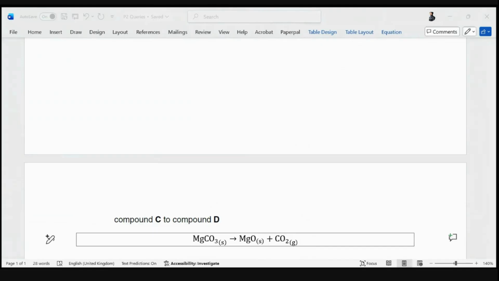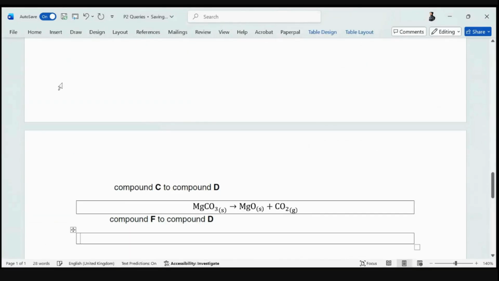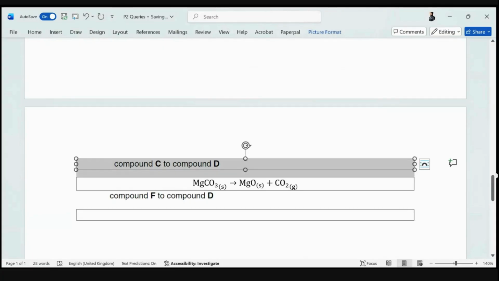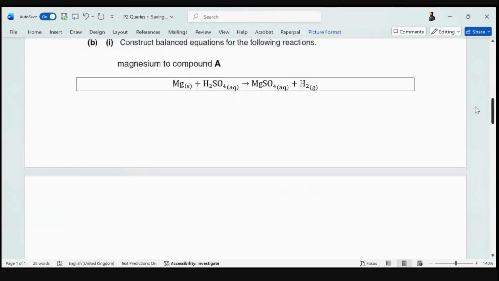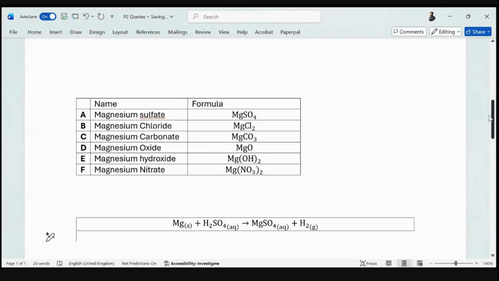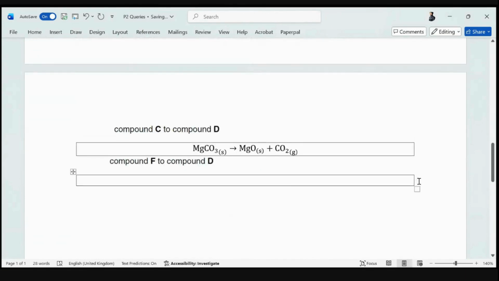Then moving on to the one that really troubles the students, and I've told them different tricks of getting through this equation, compound F to compound D. So F was nitrate heated to give you magnesium oxide.